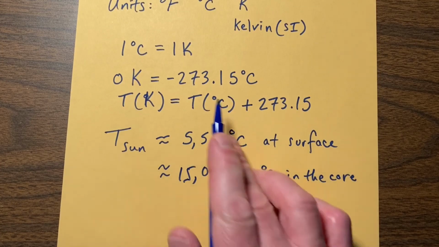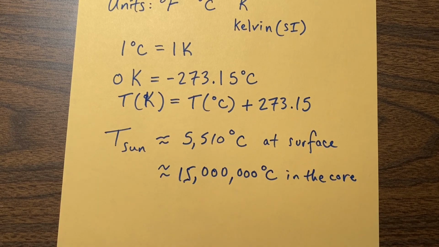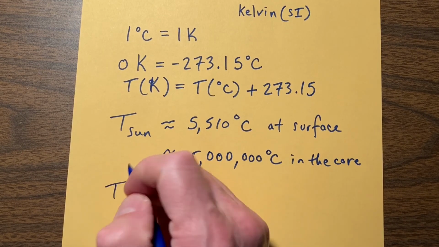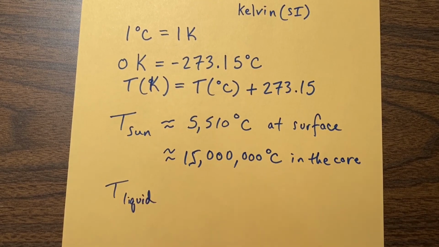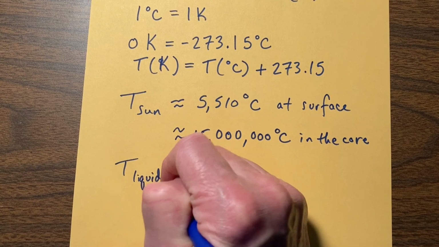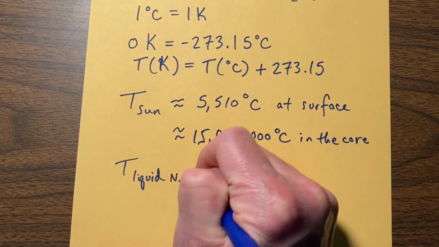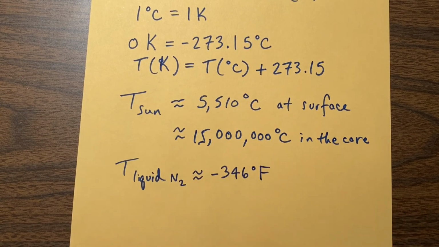When you get down to negative 273.15 degrees C, which is called absolute zero, in theory, all matter is supposed to fall apart. We haven't ever been able to reach absolute zero in a lab, but we've gotten very close. The temperature of liquid nitrogen, for instance, is about negative 346 degrees Fahrenheit.